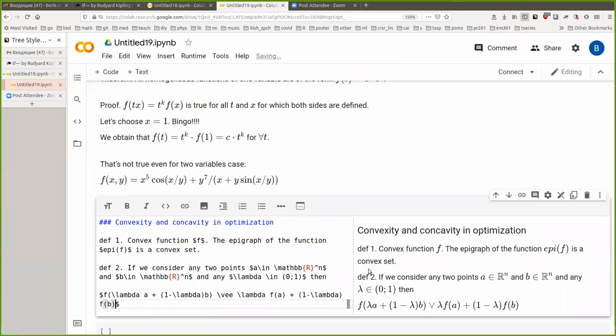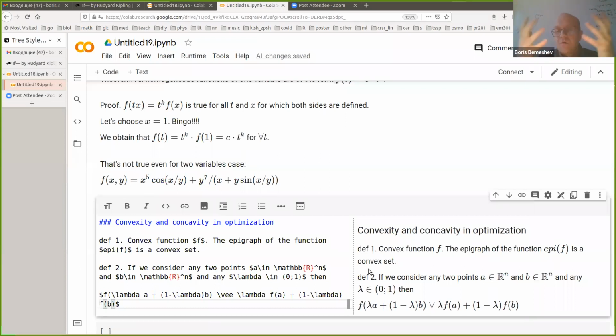Left-hand side should be bigger. Left-hand side is in the epigraph, and the right-hand side is the value of the function. So you are right, it should be less or equal.